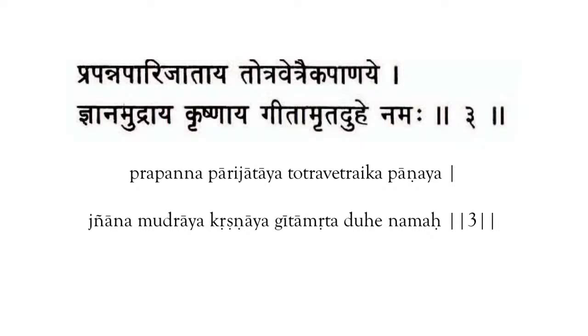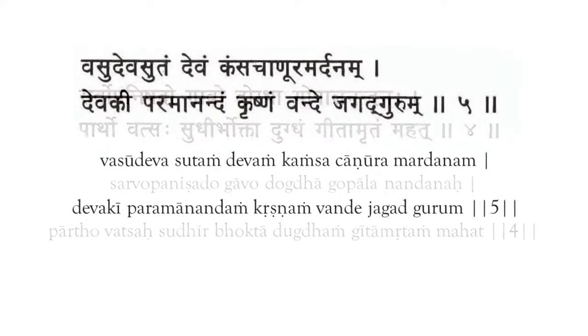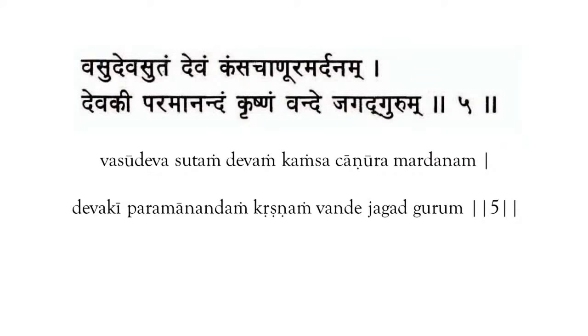Prapanna Parijataya Totra Vetraikapane Jnanamudraya Krishnaya Gitamrita Duhe Namaha. Sarvopanishado Gavo Dogdha Gopala Nandanaha Partho Vatsya Sudhir Bhokta Duktam Gitamritam Mahata. Vasudeva Sutam Devam Kamsachanuramardanam Devaki Paramanandam Krishnam Vande Jagadgurum.